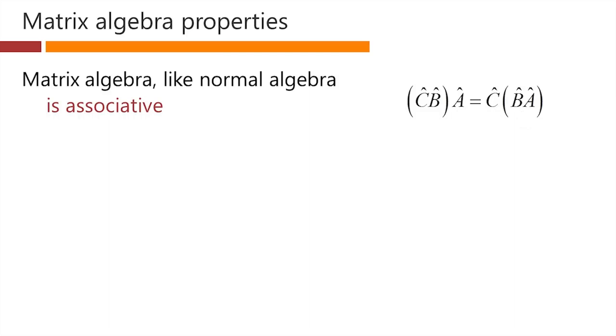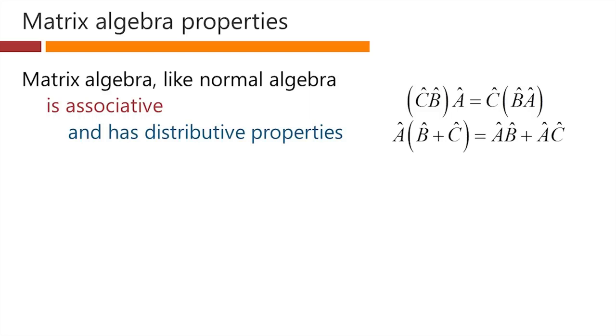It does not matter which one of these we do. It also has the same kind of distributive properties that we're used to from normal algebra. So A times the sum of B plus C is equal to AB plus AC.